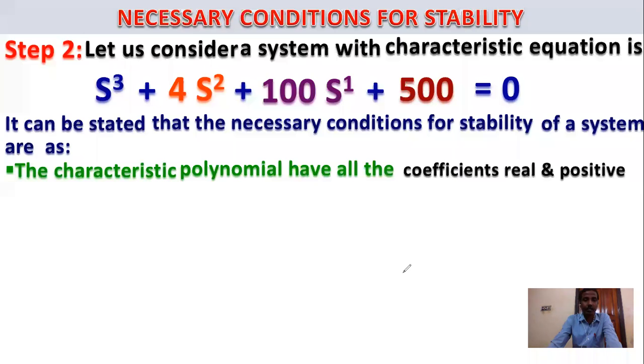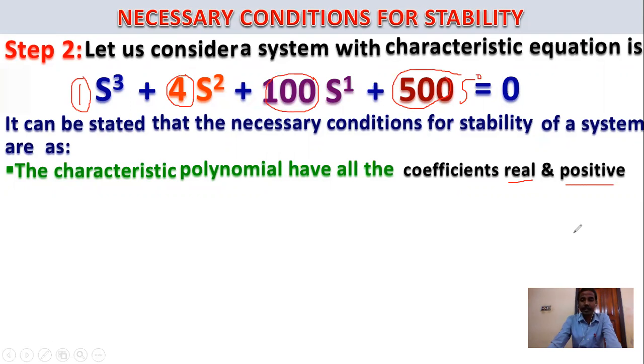This is the characteristics equation, and all the coefficients, that means 1, s square coefficient 4, s coefficient 100, and s to the power 0 coefficient 500. All the coefficients real and positives.